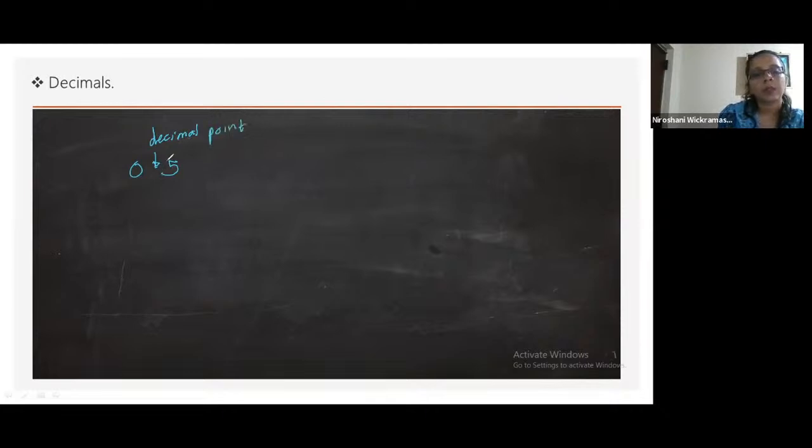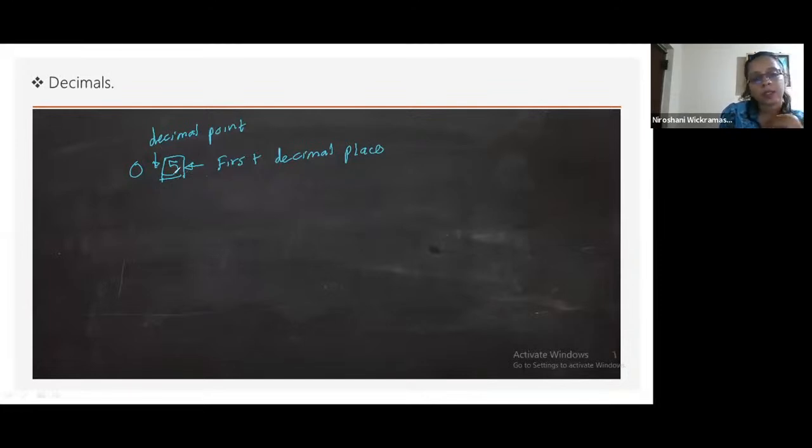After the decimal point, the first number is called the first decimal place.